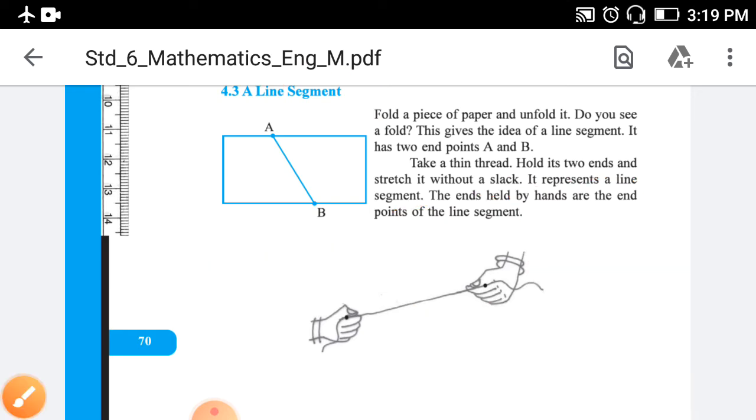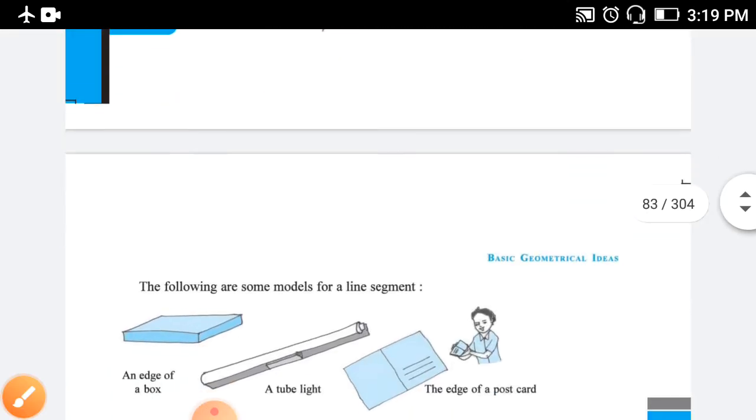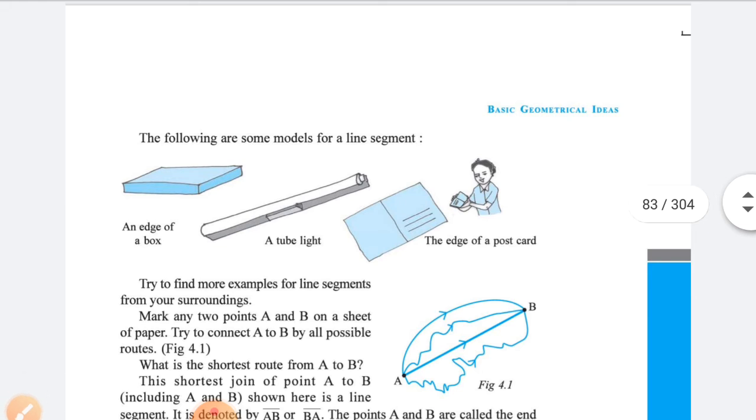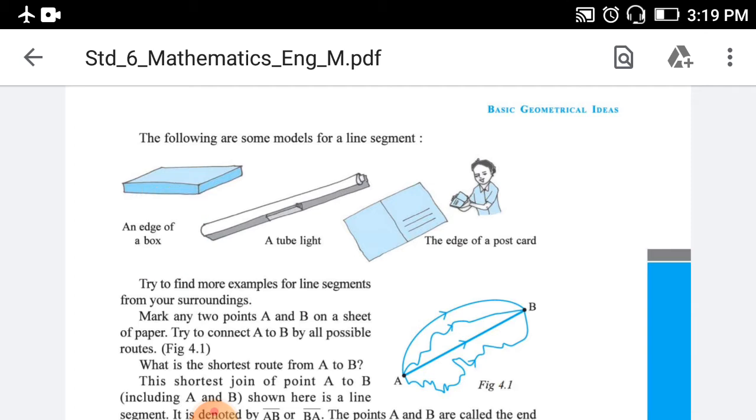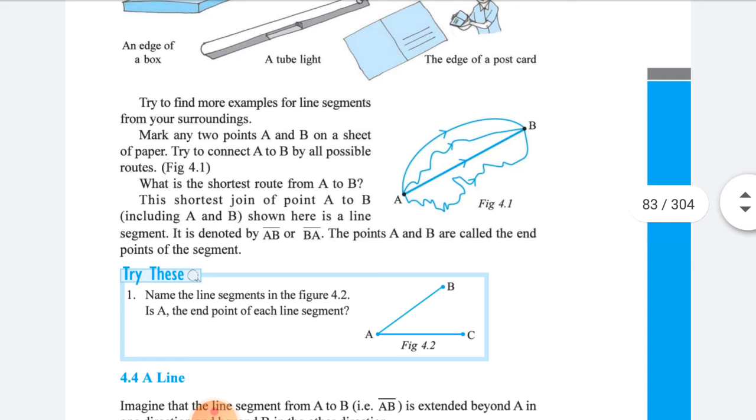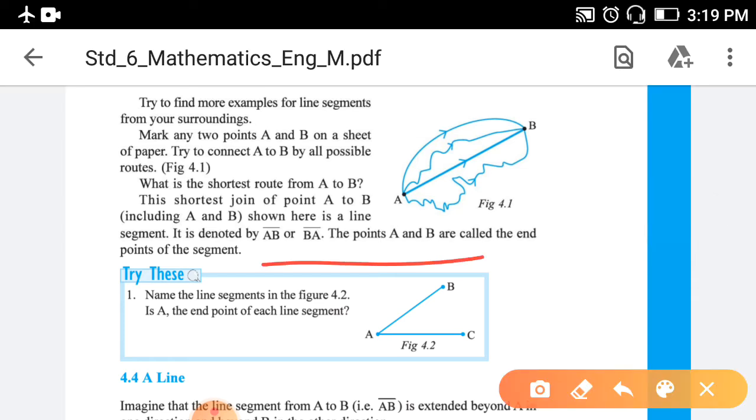That fold is a line segment. Some more examples are given here. That is the edge of a box or edge of book, edge of postcard, edge of your mobile. These all are the line segment. Make sure line segment, it means part of something. And how to denote line segment? We are writing this way.